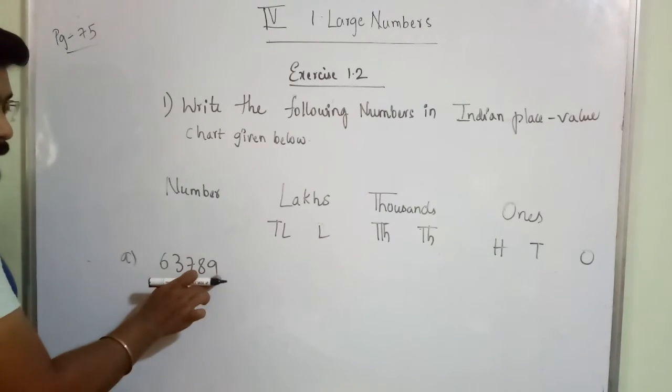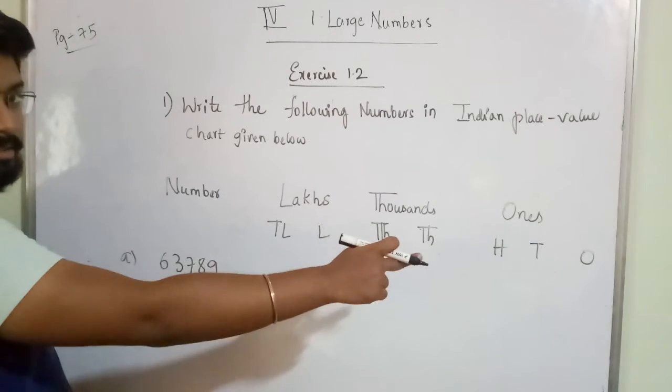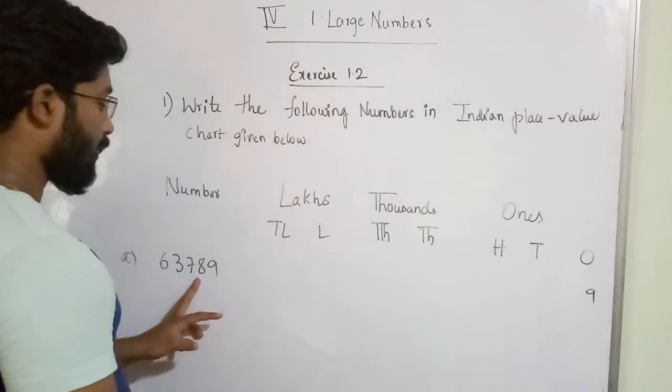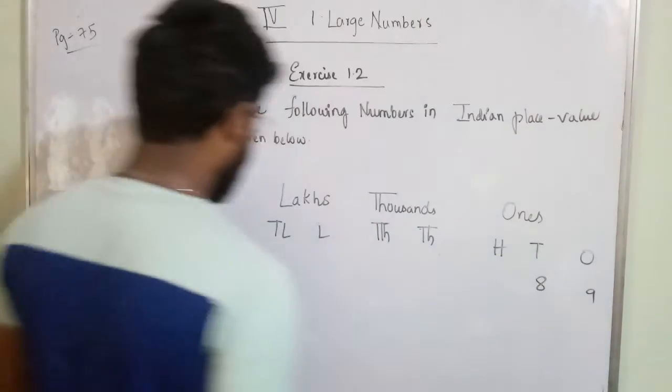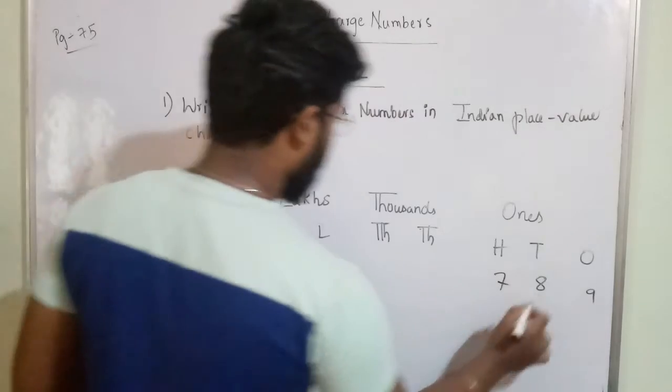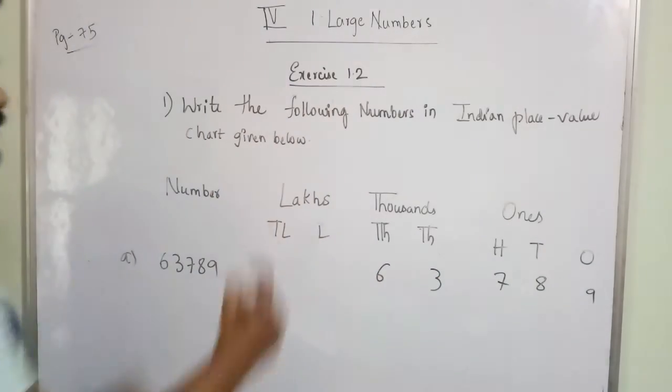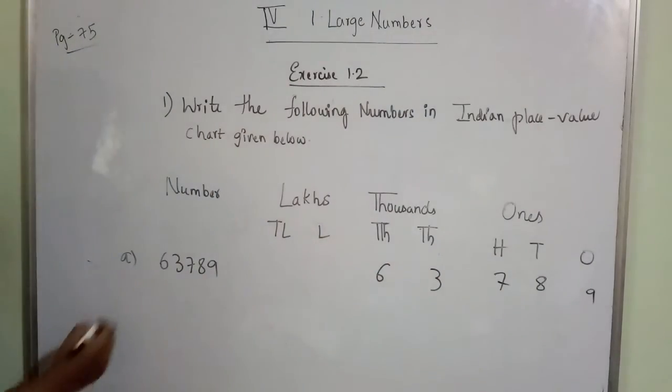So from the last digit you have to start arranging from the ones place. So 9 under ones place, 8, 7, next 3, next 6. 63,789 is the answer. Okay, next B.